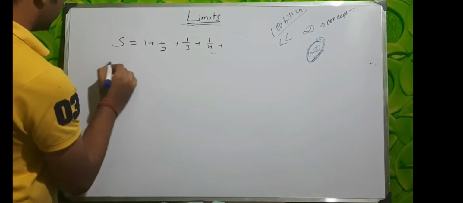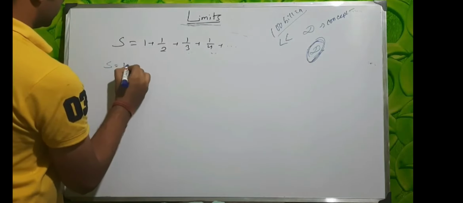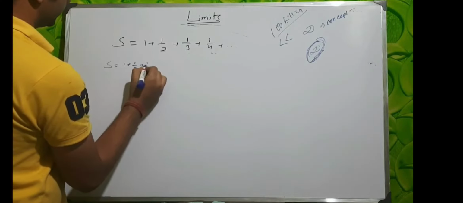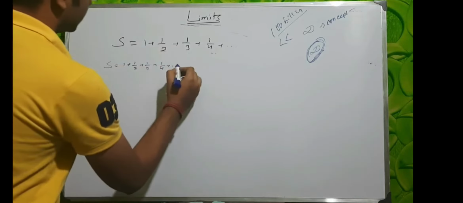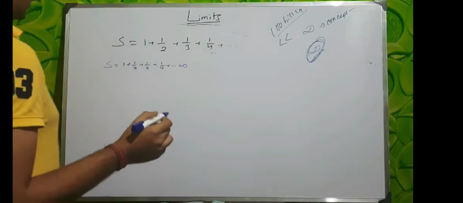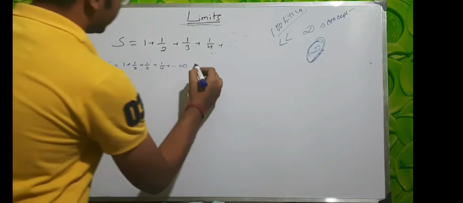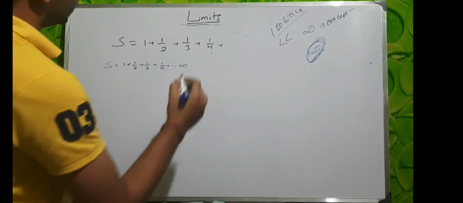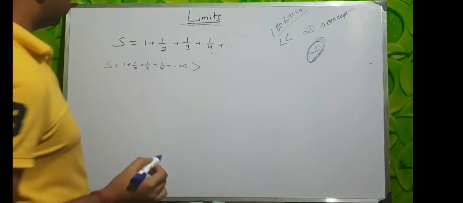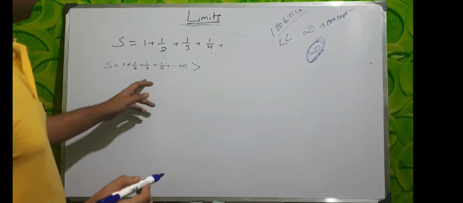So we have s on one side, and it goes on to infinity. How could we guarantee that this thing is not finite? Let's take this. We are doing an inequality here.